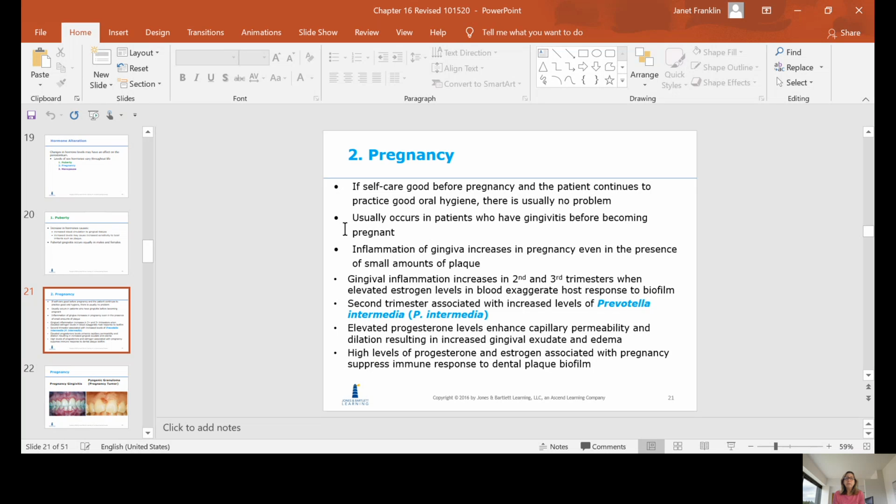And so gingival inflammation during the 2nd and 3rd trimesters, when elevated estrogen levels in the blood exaggerate the host response. During the 2nd trimester, it is associated with increased levels of Prevotella intermedia. So Prevotella intermedia is associated with the 2nd trimester and above in pregnancy.